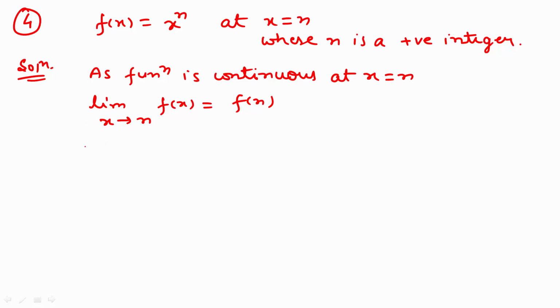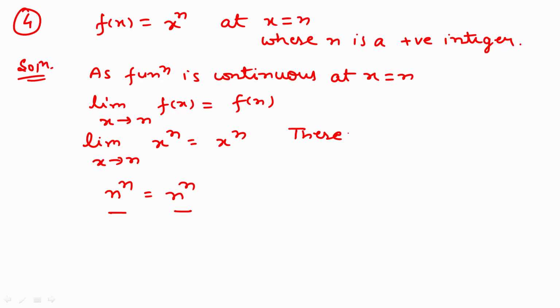So limit x tends to n, and the function will be x to the power n, is equal to f of n, the function will be x to the power n. On taking the limit, n to the power n is equal to n to the power n. Left hand is equal to right hand. Therefore the function is continuous.